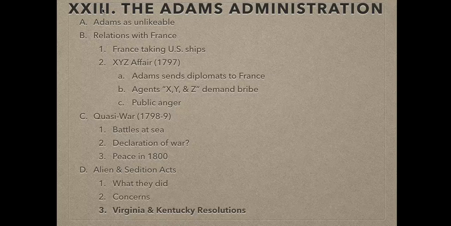So essentially, the legislatures of the state of Virginia and the state of Kentucky are going to get together and write resolutions or statements where they basically say that they don't believe that these laws are legal and that the federal government is really out of its bounds here.